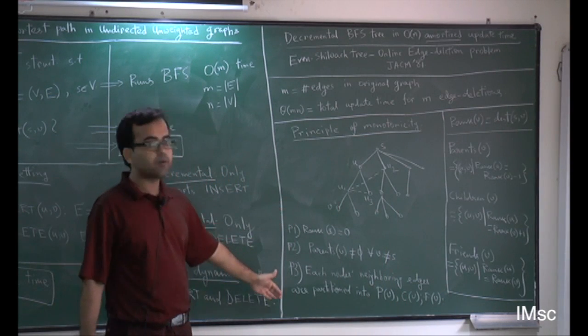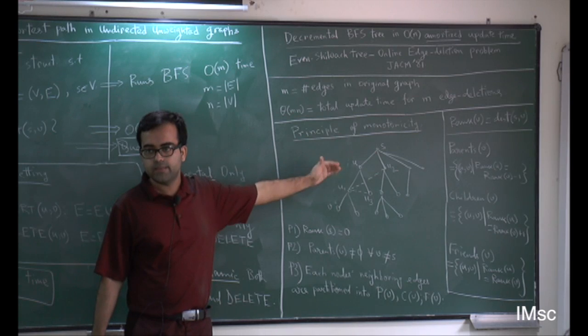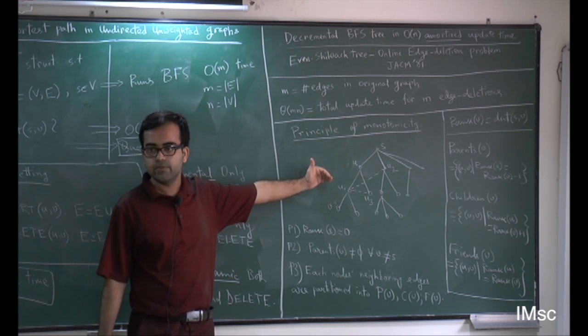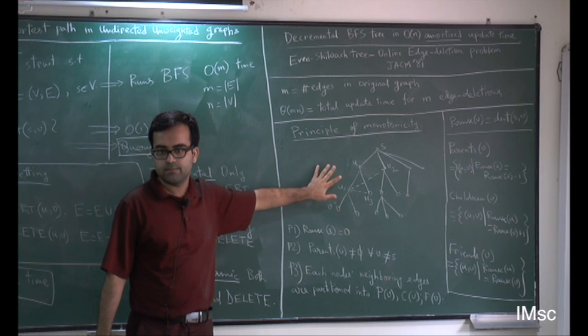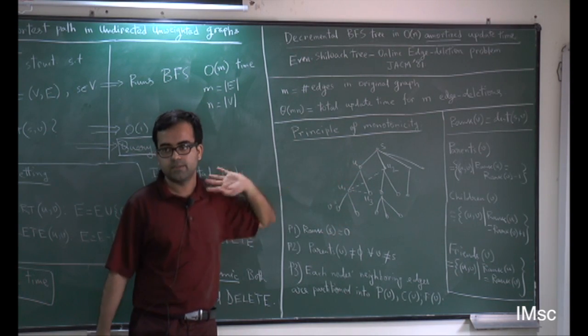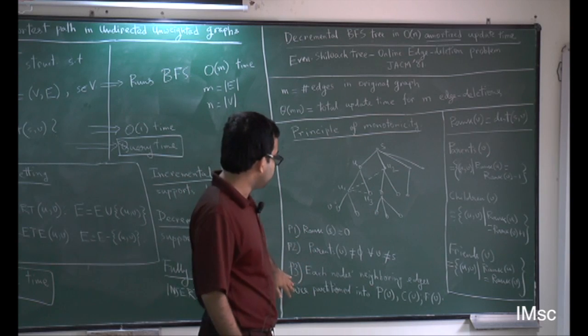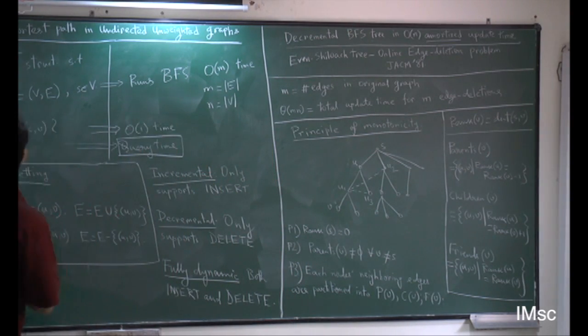As long as these 3 properties are maintained, you know that you are maintaining a valid structure, and these ranks are actually going to give you the valid distances from the source. You can prove it by induction, but I will just leave it as an exercise. Okay. This just follows from the definition of shortest path trees, and we will just ensure that these 3 properties are maintained.